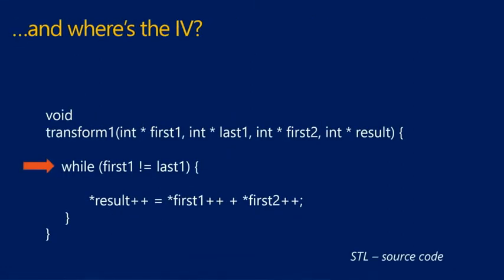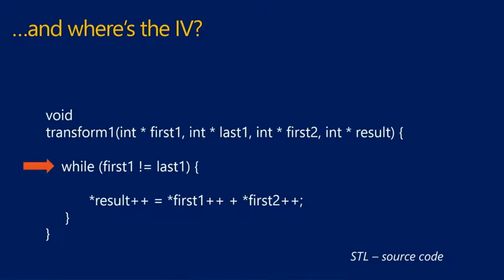Here's another one. Forget about the pointers being passed in. Where's the induction variable? So we have to build symbolic mathematical equations on every load and store, and those equations have to be a function of an induction variable that's monotonically increasing and well behaved for that loop.